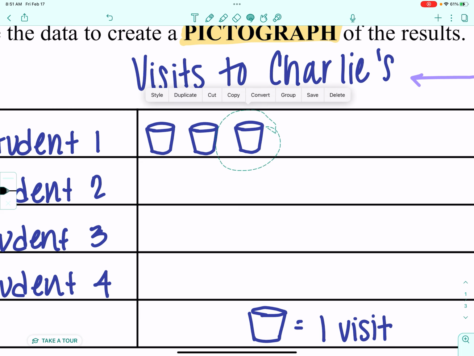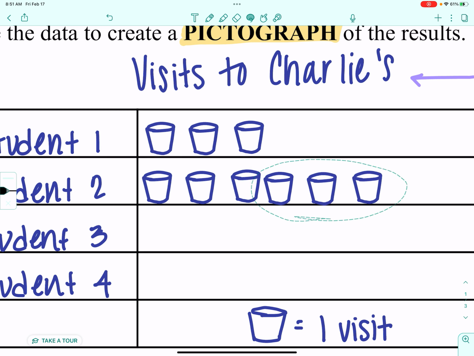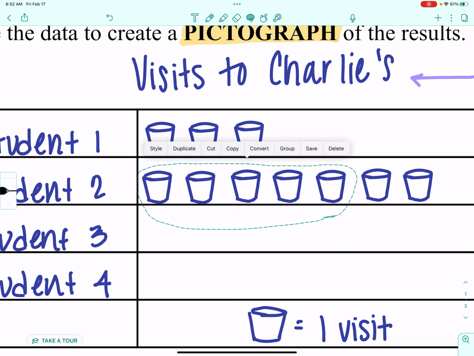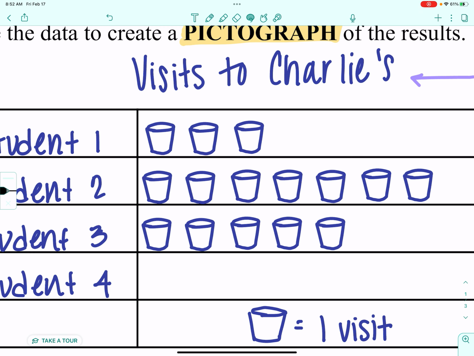Student number 2 went 7 times. So there's 3, 4, 5, 6, 7. Student number 3 went 5 times. 1, 2, 3, 4, 5. And student 4 went twice.